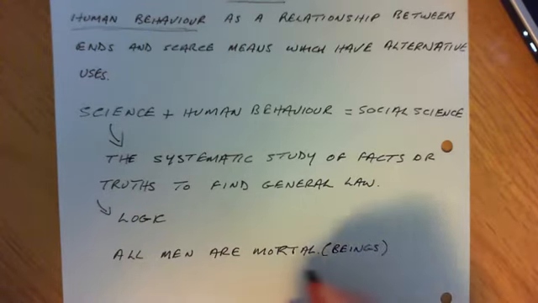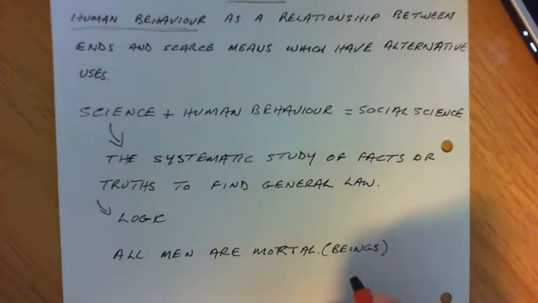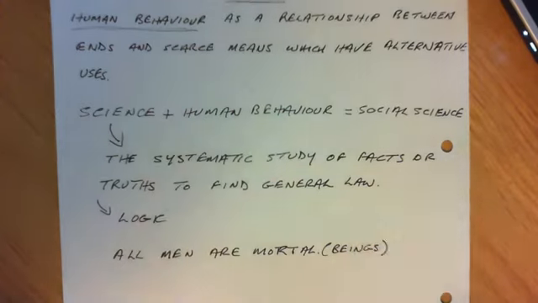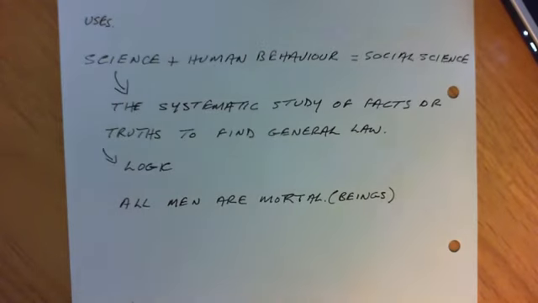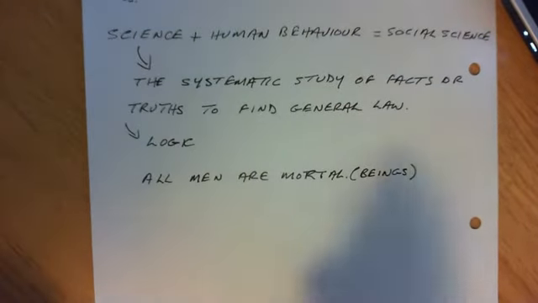So all men are mortal beings. All men are going to die. Now that seems reasonable, and certainly it accords with our observations. Men die, so do women. In this case, because it's an old term, men is taken to mean male and female. There's nothing sexist about this. However, all men are, so people die, and that's what the statement seems to be suggesting.